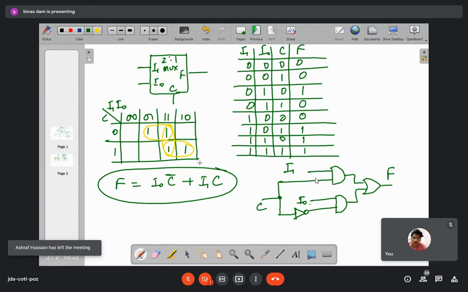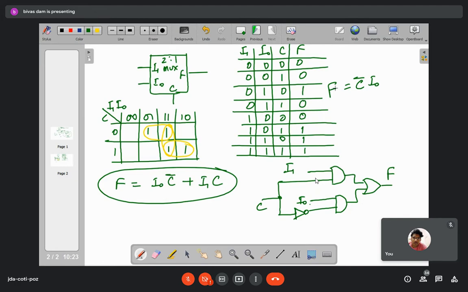It demands that if C is equal to 0, that means if C bar is equal to 1, I0 will be the value which gets connected to the output. That means if C bar is equal to 1, I0 will be the output A.